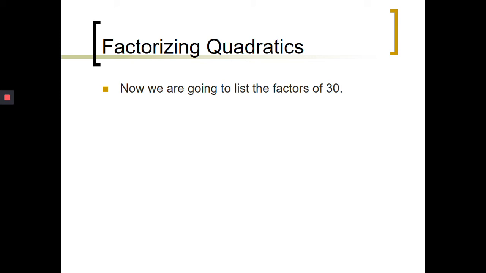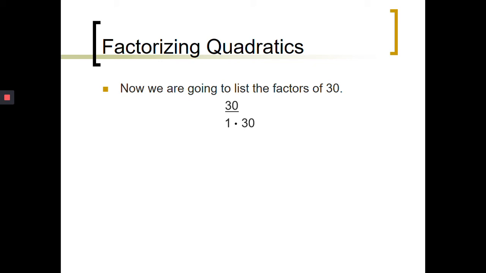Okay, and a pair means 2. The word pair means 2. Alright, so my first pair of factors that would multiply to give me 30 is 1 times 30. Let me repeat that. A pair, the word pair means two.